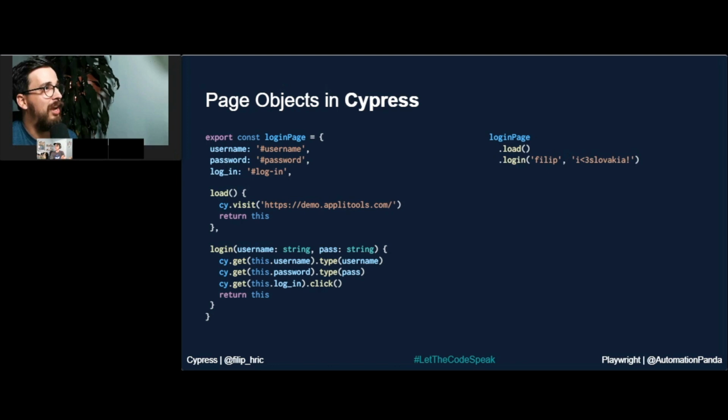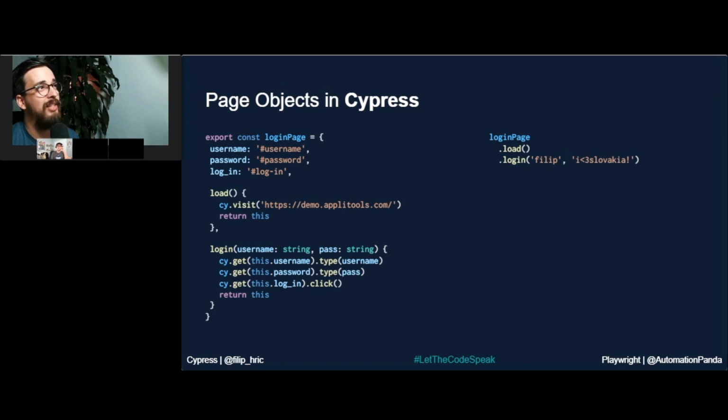So what I did here with the login page object is I created two functions. One is the load that will load the application. Then the second one is the login, which will do the interaction on that page. And both of these functions have this return this statement, which will take us back to the top level of that page object.